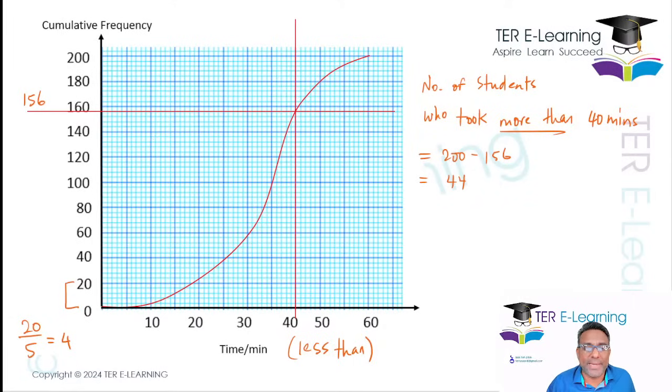Is that making sense? So be careful. If you get a cumulative frequency curve and they're asking you for more than, you need to be careful.